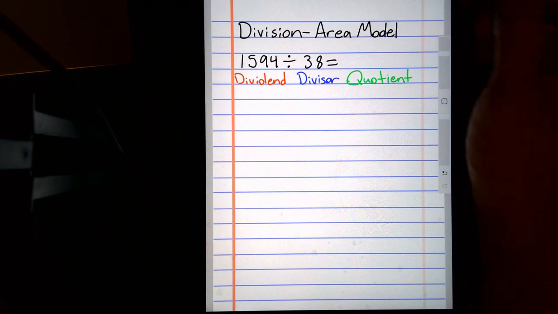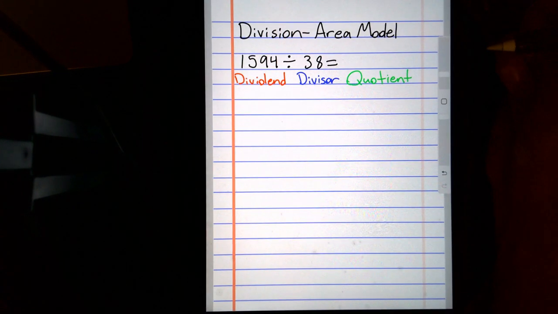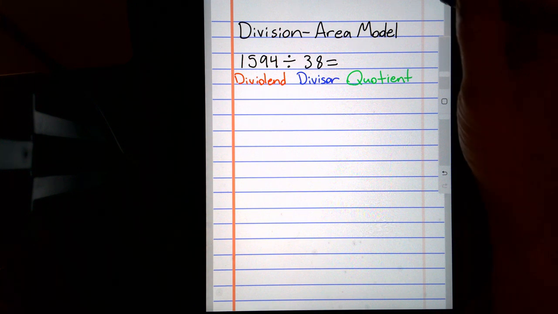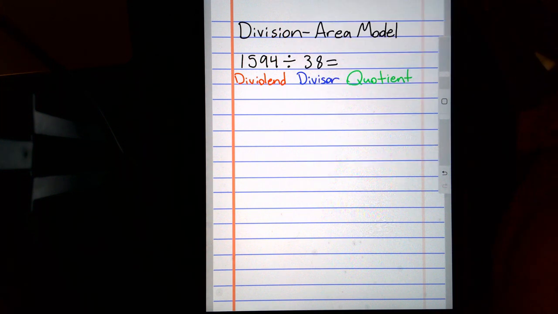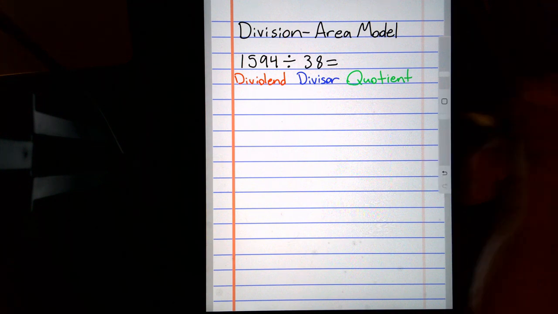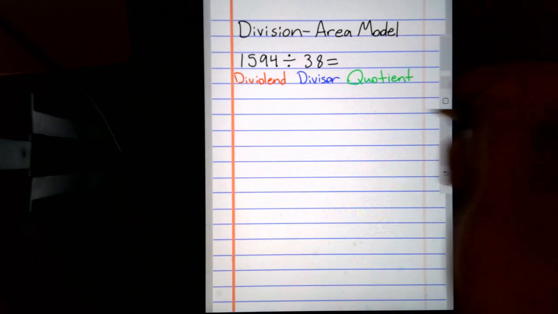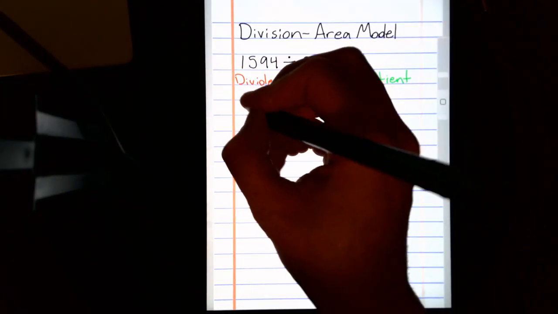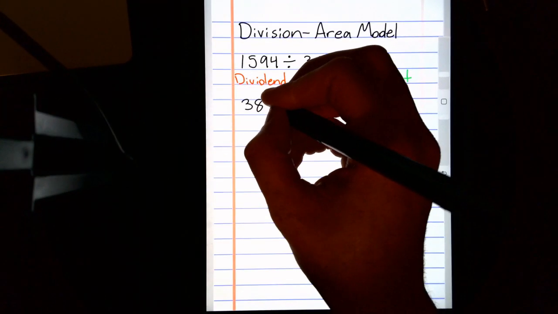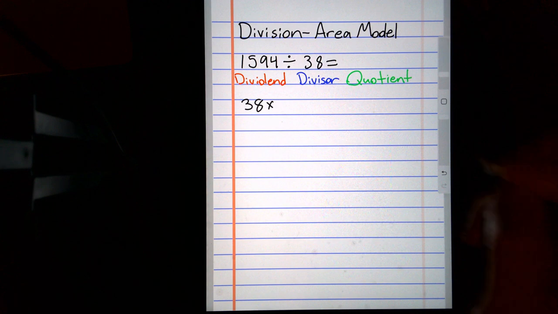Our first steps are going to be a little different with the area model with division because we have to do some pre-prep. First, we need to find some potential partial quotients.